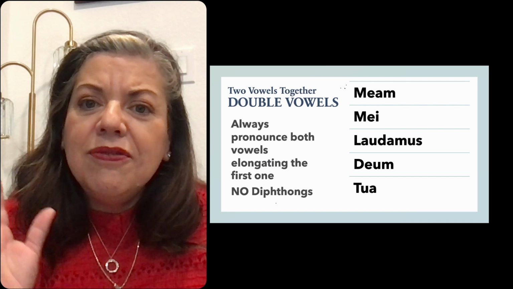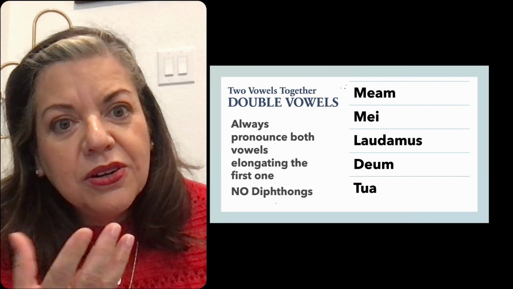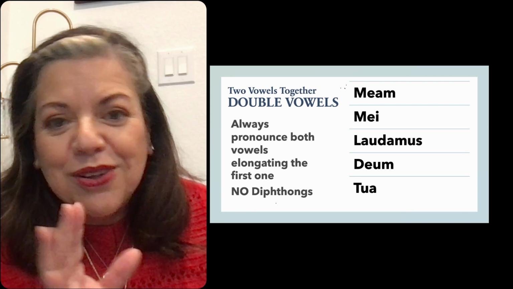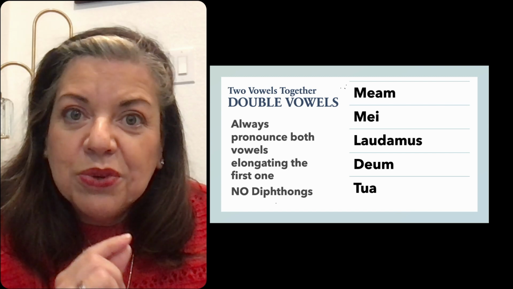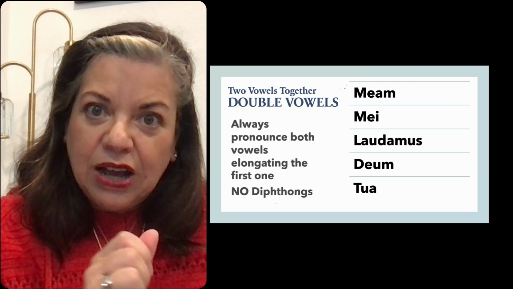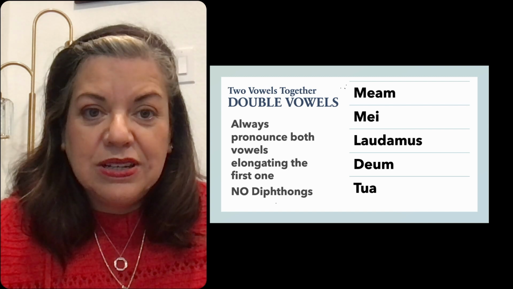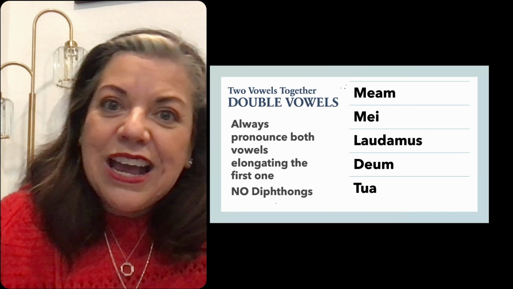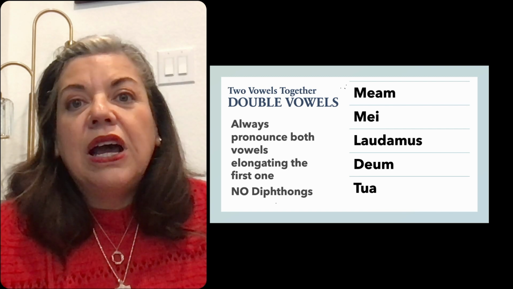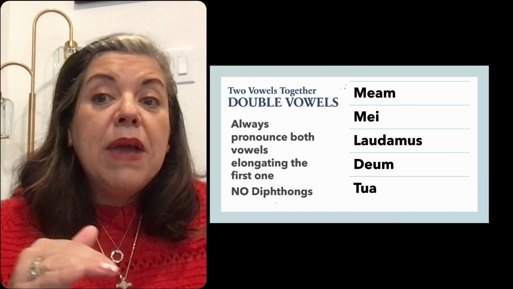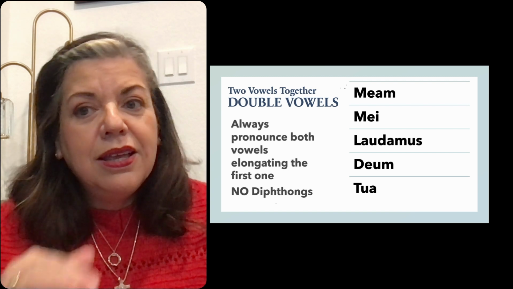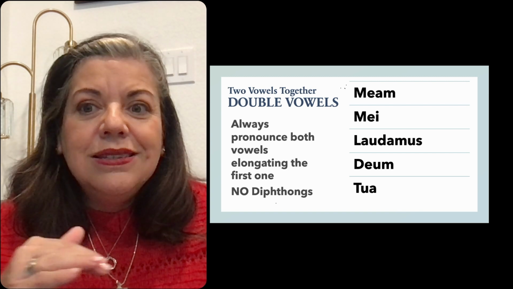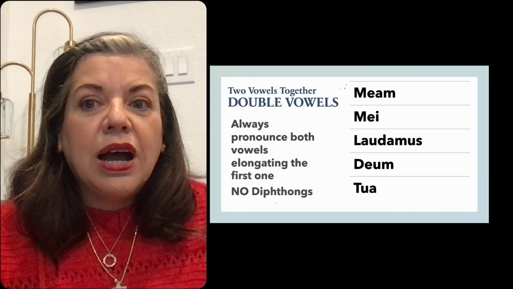Now, when we have two vowel sounds together, or double vowels, we're always going to pronounce each vowel separately. Typically, we're going to emphasize the first vowel or elongate that first sound. Again, beware of the diphthongs, because this happens a lot when you have two vowels together. The words are meam, mei, laudamus, deum, tua.